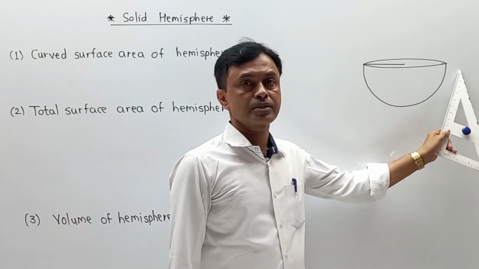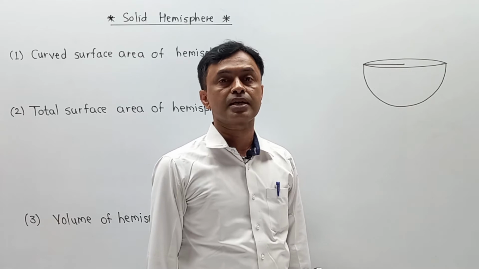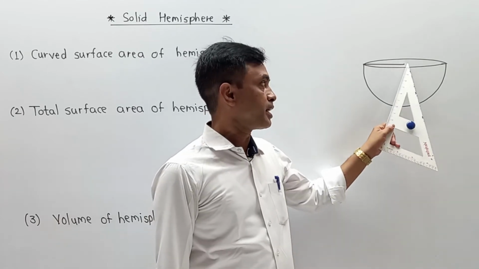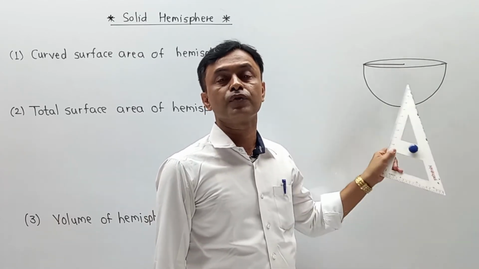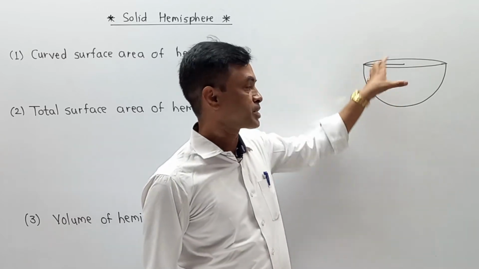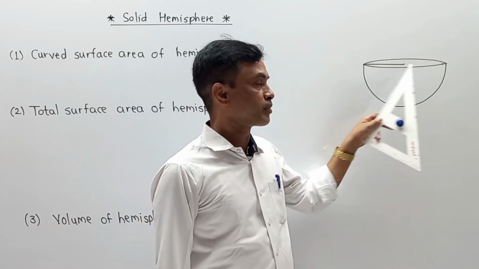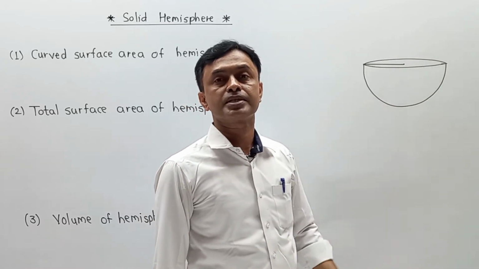There is a curved surface, and the upper or topmost portion is nothing but a circle. This is a circular face which is flat at the top. No doubt, you can reverse the diagram, and it will be at the bottom. But remember, the flat face at the top is nothing but a circle.